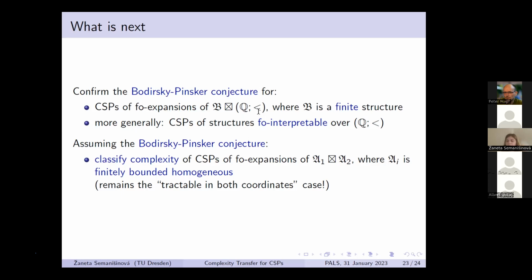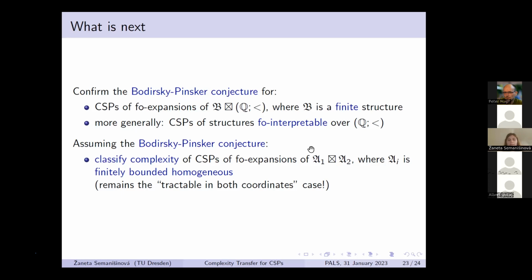Another thing, more about algebraic products, is to say: let's believe the Bodirsky-Pinsker conjecture. Can we then say something about algebraic products of structures that are finitely bounded homogeneous? The good news is that we already know what happens for hardness, because of the result that I already mentioned a couple of times, that hardness in one of the coordinates already implies that the result is hard.